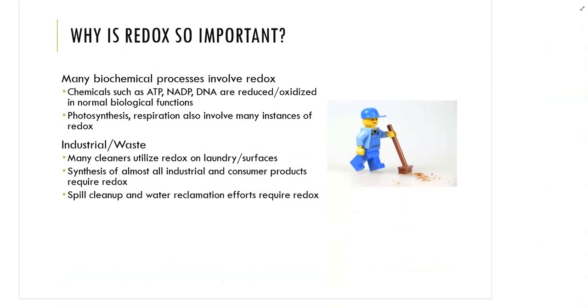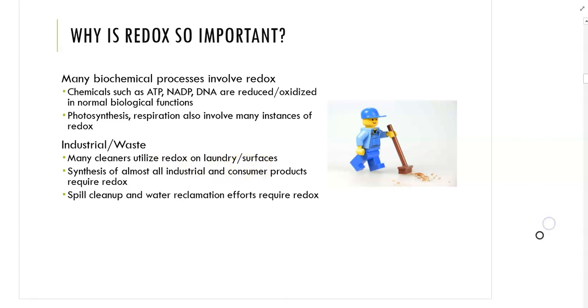Why exactly is redox so important? Well, many of our biochemical processes as living things definitely involve redox. So our friends such as ATP, NADP, DNA, these are all reduced and oxidized all the time as part of our normal functioning. And then, of course, photosynthesis and respiration involve a lot of different reduced and oxidized substances. Finally, industrial applications. Many cleaners definitely utilize redox.